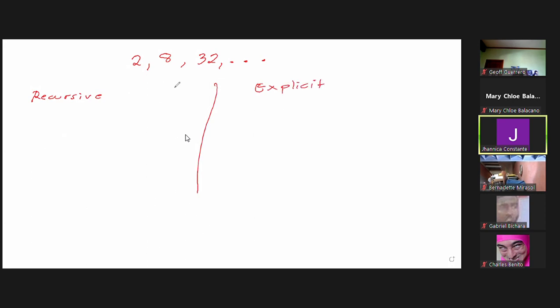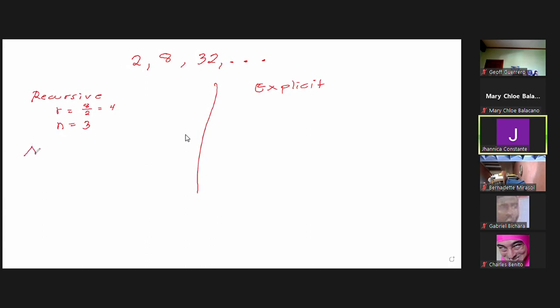So to write both formulas of our geometric sequence, let's start with the recursive. We need the value of the common ratio and the value of n, wherein the common ratio is 4, since 8 divided by 2 is equal to 4. And the number of terms that we have is 3. Only three terms are visible in our sequence.